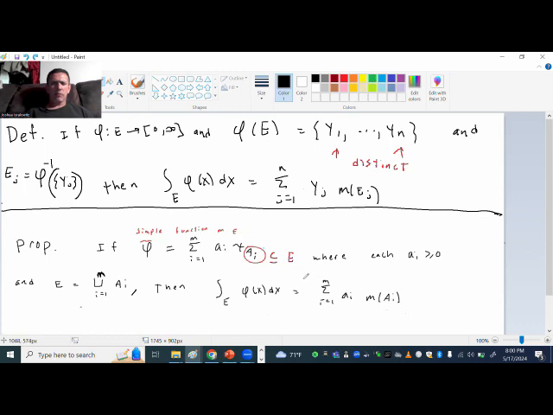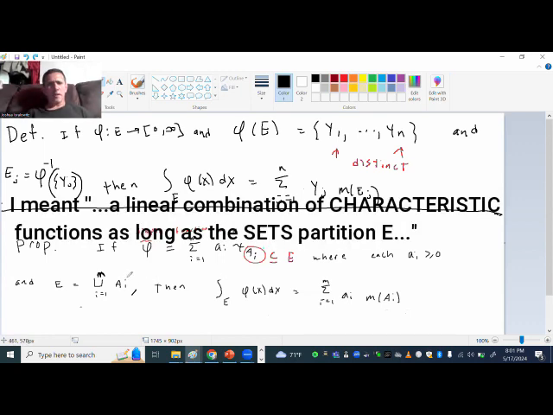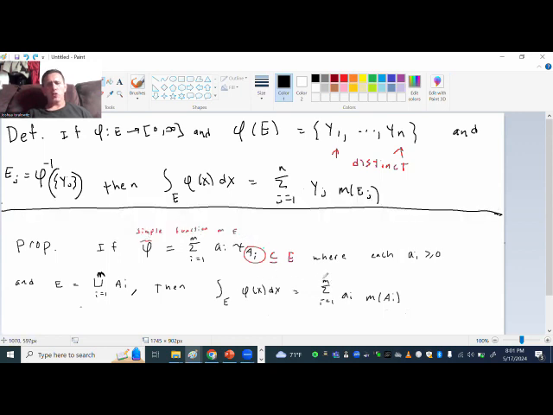And we had the following proposition: if we write my simple function on E in any way we want, as long as it's a linear combination of step functions, as long as the step functions partition E, then the integral is as you would hope, if linearity was true.